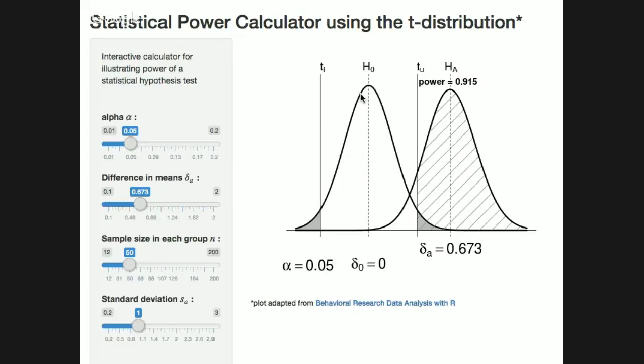When we changed alpha, nothing happened except that the position of the rejection regions changed, but this curve stayed the same. What happens when we change sample size? Let's say when we increase it. What did you say?